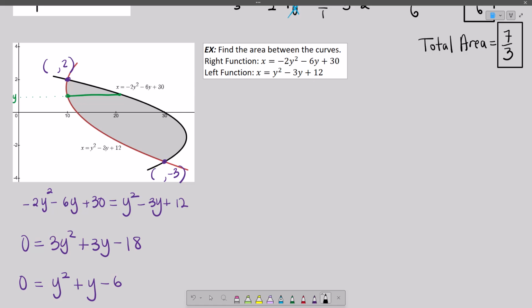I'm going to start right now because there is a little bit of algebra here that I want to take care of. So that's what you should get up there once you do your subtraction of the two polynomials, right minus left.